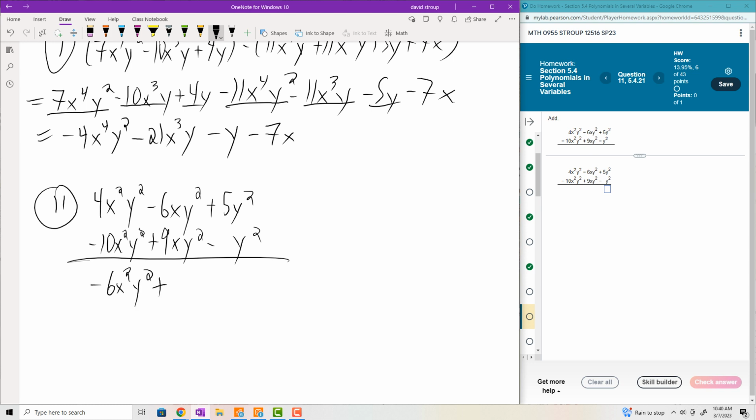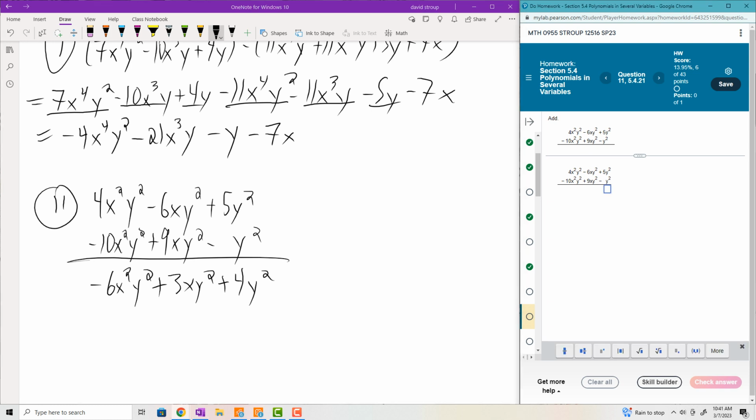Negative 6xy squared plus 9xy squared is 3xy squared. 5y squared minus y squared is plus 4y squared. So I'll put that in there. Negative 6x squared y squared plus 3xy squared plus 4y squared.